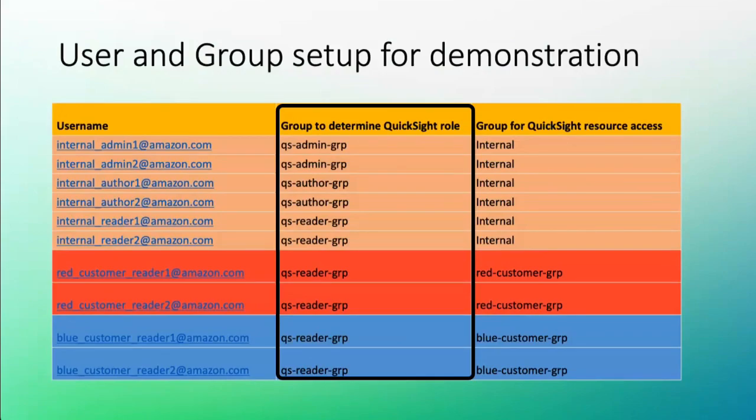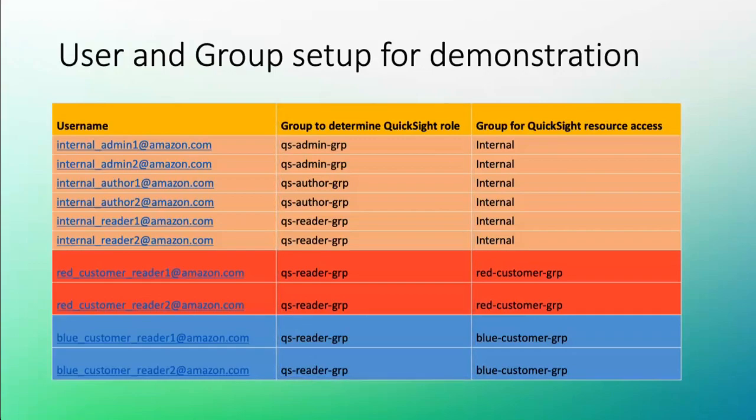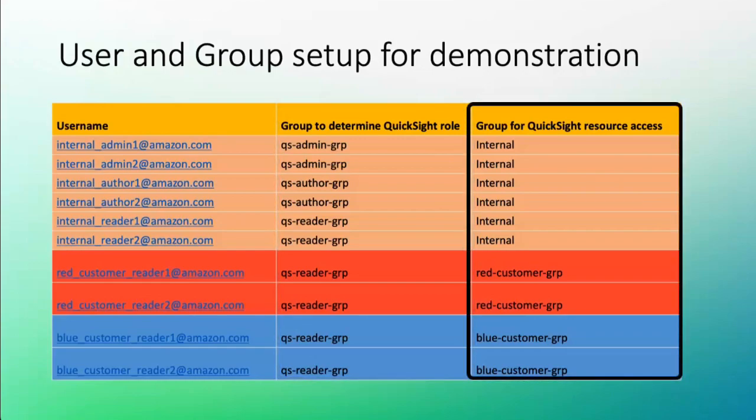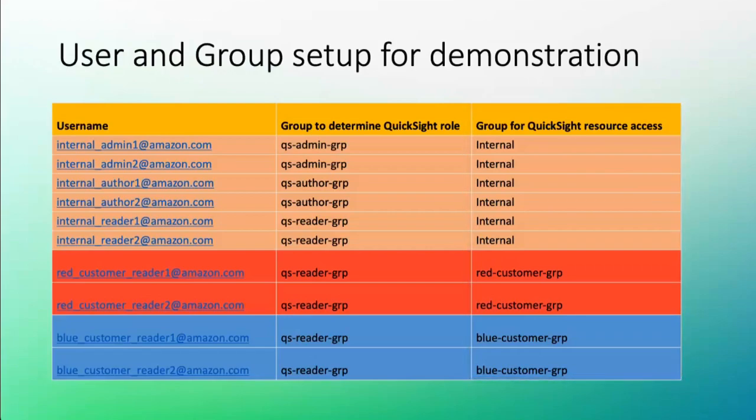So all the users at the customer side are members of the QuickSight reader group, while on the right side you are seeing the customer group name. For example, any user belonging to the red customer is part of the red customer group in Okta and likewise in the identity center. In the same way, the users belonging to the blue customer organization are part of the blue customer group, and they are given access permission by assigning the resources to the blue customer group.